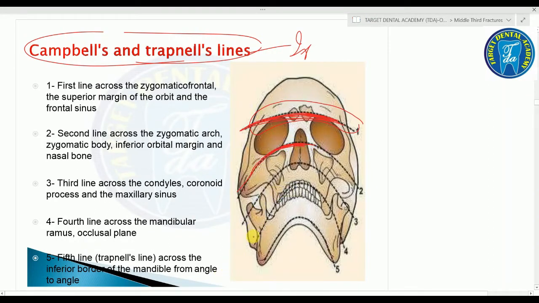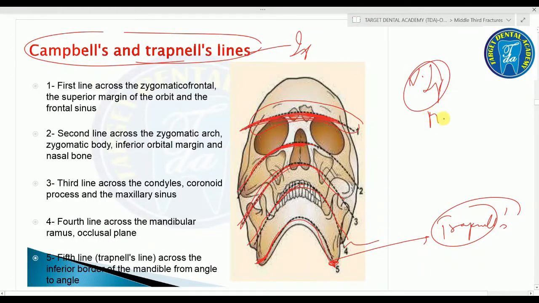Third line, which crosses somewhere around here, the condyles, the coronoid process and the maxillary sinus. While the fourth line crosses the mandibular ramus and the occlusal plane. This is the occlusal plane. And the fifth line is known as Trapnell's line. It crosses the inferior border of the mandible from angle to angle. Fine, important for your MCQ.